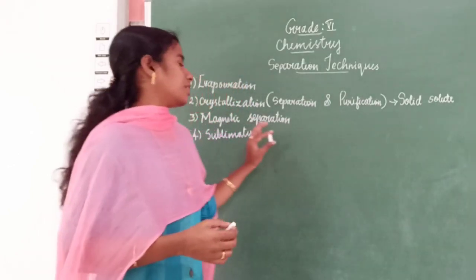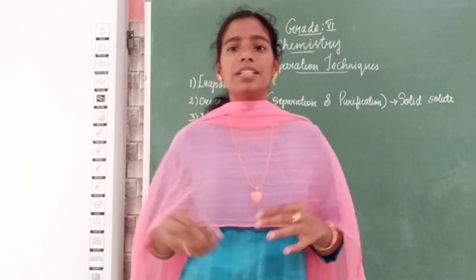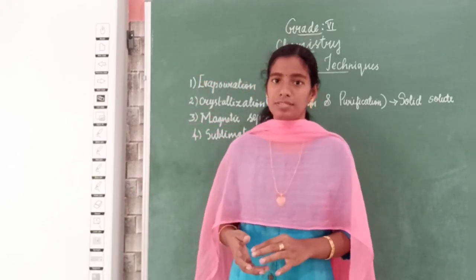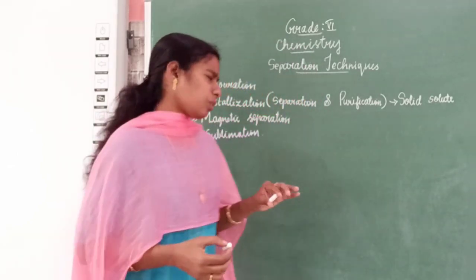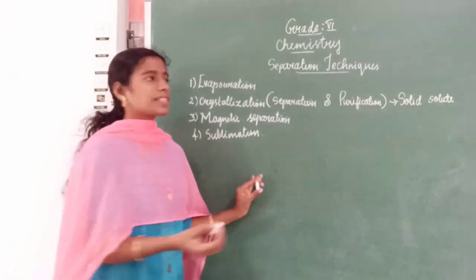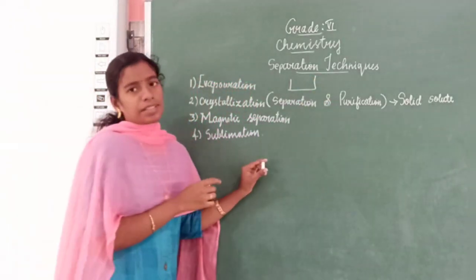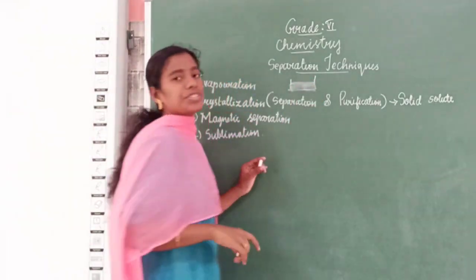Let us see. You are getting salt, right? Every day for cooking, our mother uses salt. And from where do we get the salt? From sea water. What they do is, they collect some sea water and separate it. Now, the sea water has salt content.